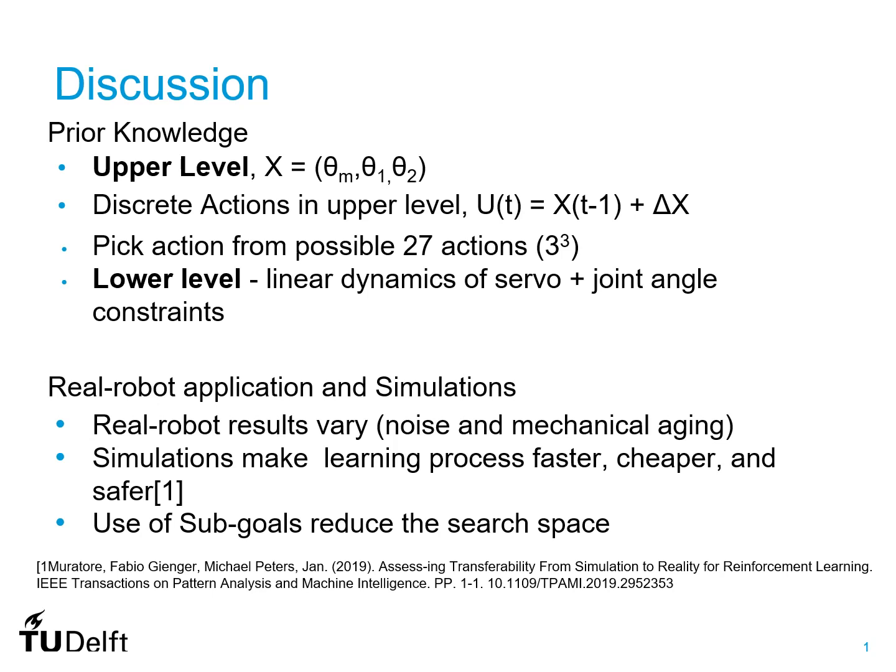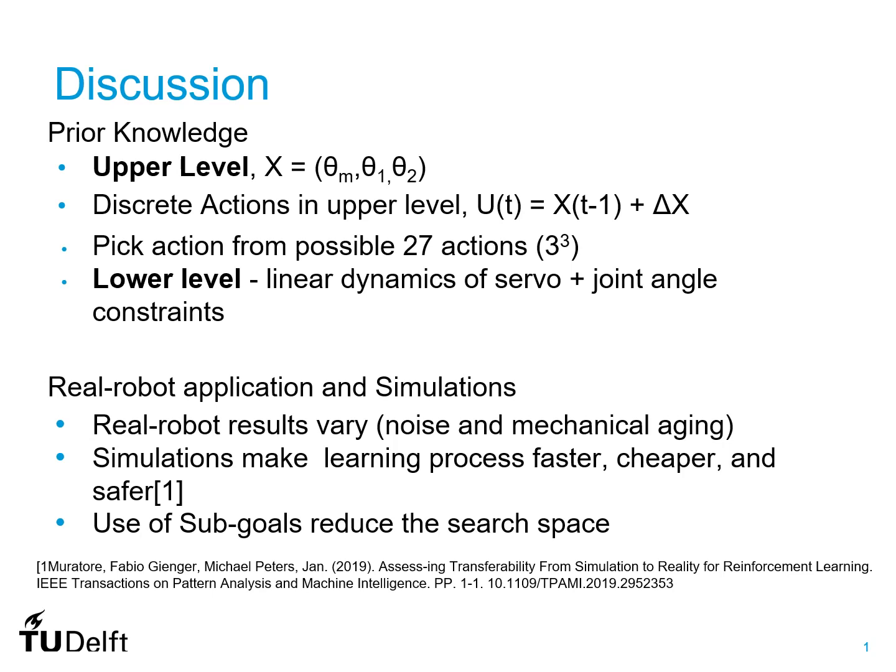First, in the upper layer, they use three state variables, theta m, theta 1 and theta 2, and the action is defined based on the formula u of t is equal to x of t minus 1 plus del x. Based on this formula, at any state x, the agent can choose one action with a probability p from a set containing 27 actions based on the state variables.